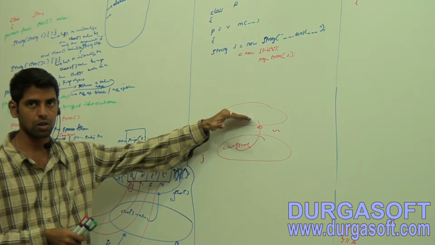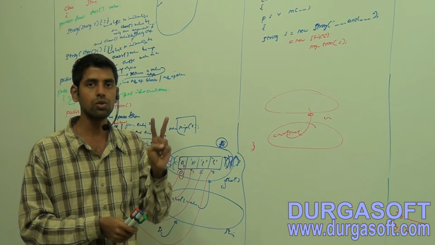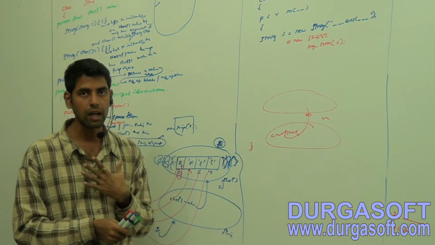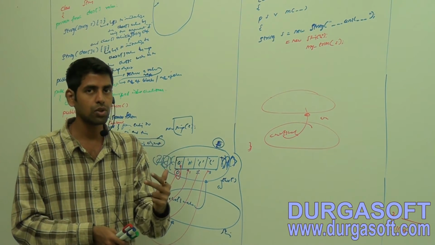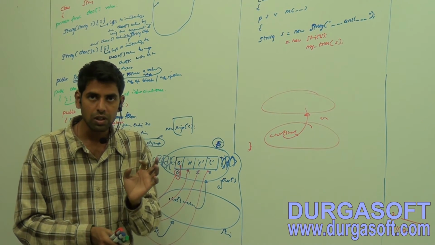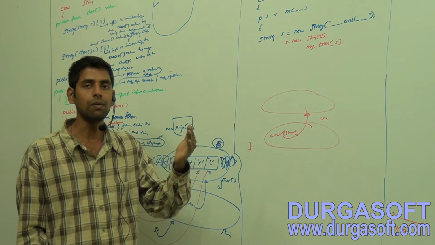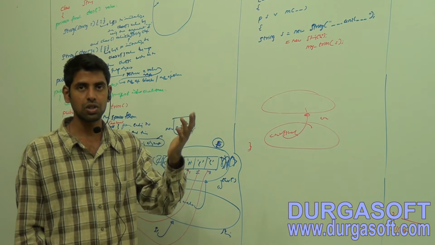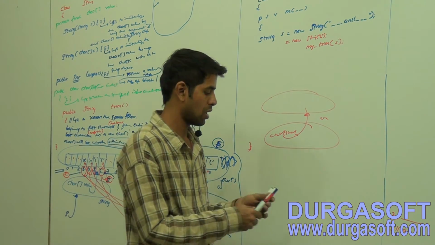Two choices, two options. If you have two choices or options, how can you tell this information to the JVM? Simply by using an if else selective statement, a conditional statement, okay.